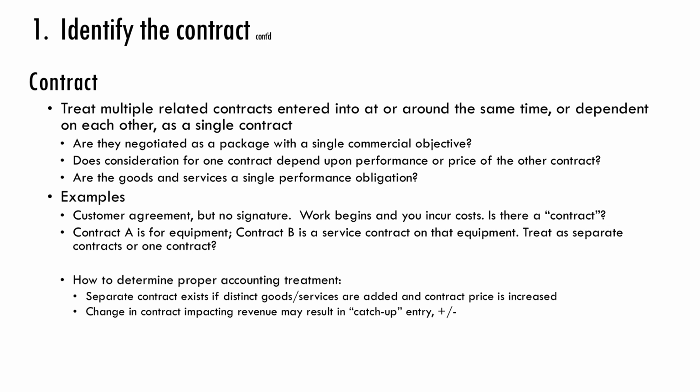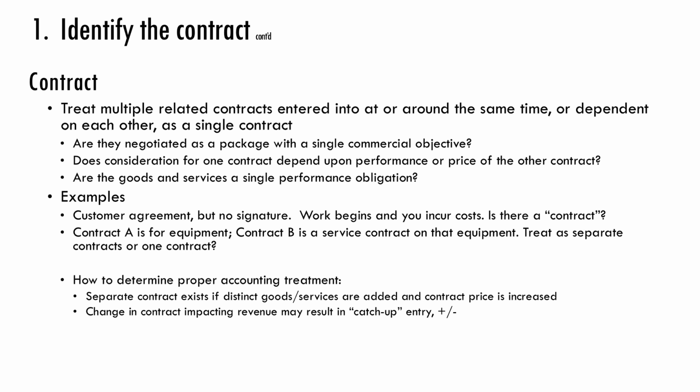So you have to ask yourself those questions. Are they negotiated as a package with a single commercial objective? Does consideration of one depend upon the performance or price of another? In other words, I'm not paying you for item B until you have finished building, designing, creating, delivering item number 1. They might be separate contracts, but in that relationship, they are in fact treated from an accounting standpoint as a single contract.